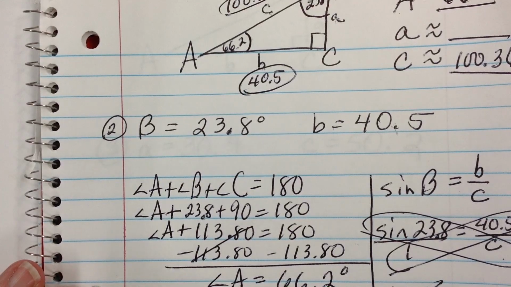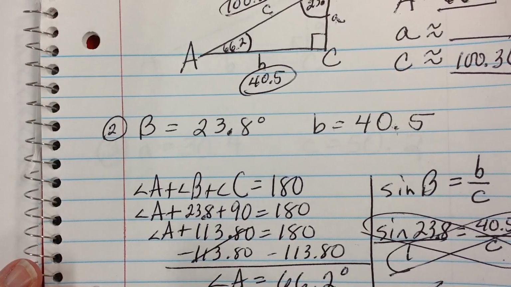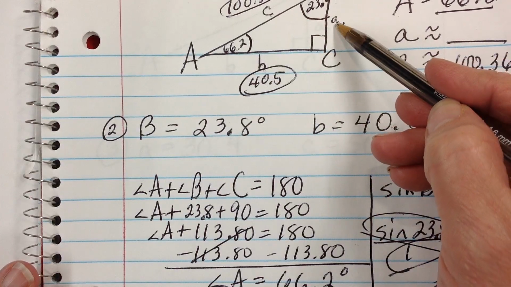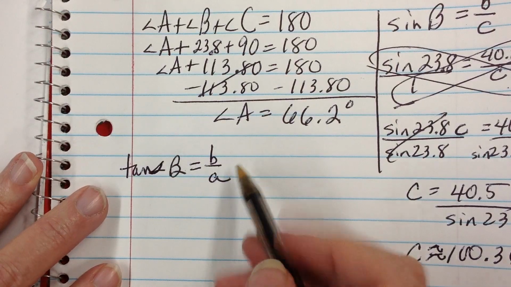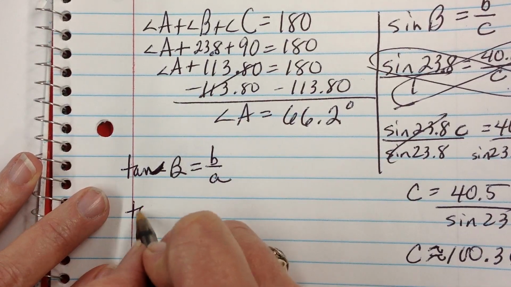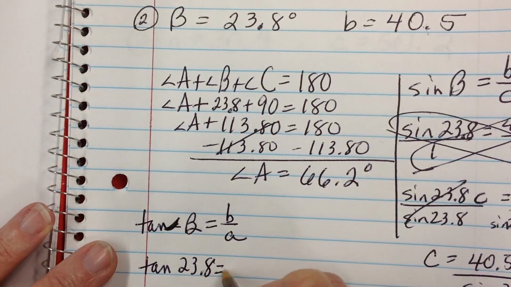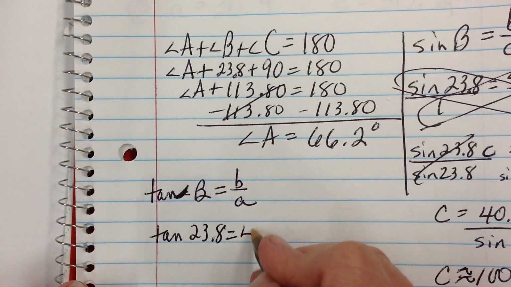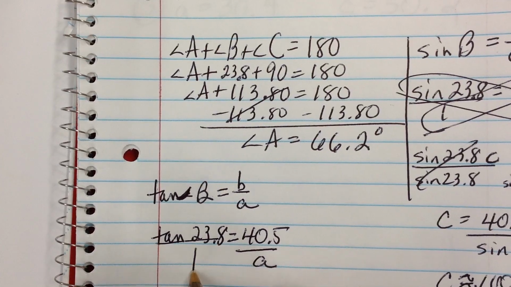So, tangent of B is equal to B over A, opposite over adjacent. We know the angle B is 23.8, we know B is 40.5, and I'm solving for A. So I've got a proportion.